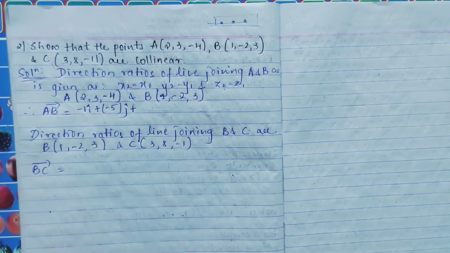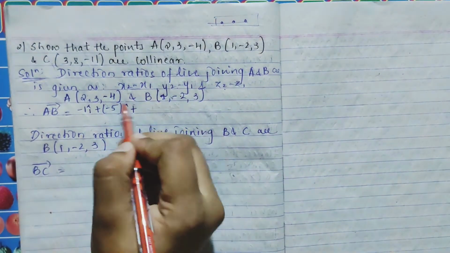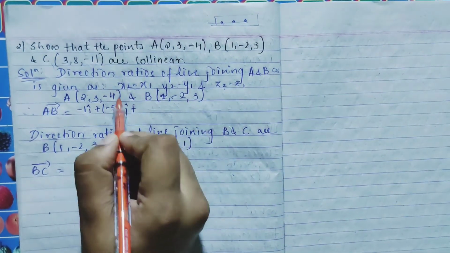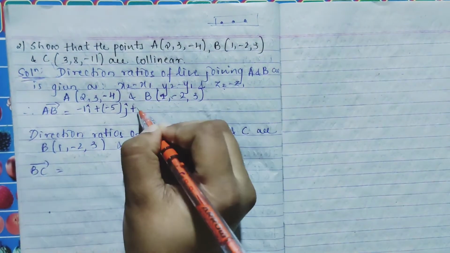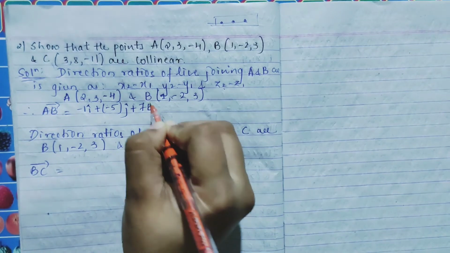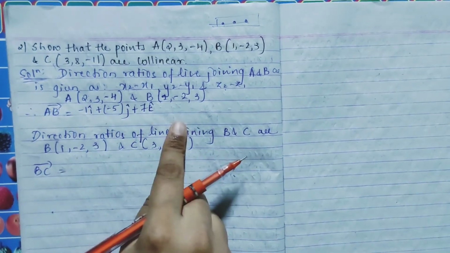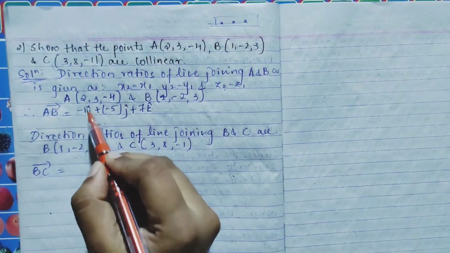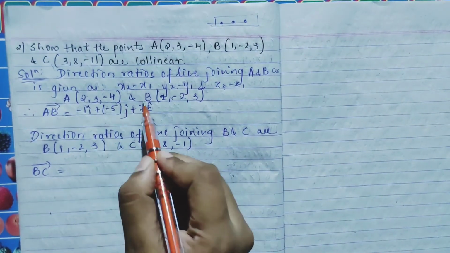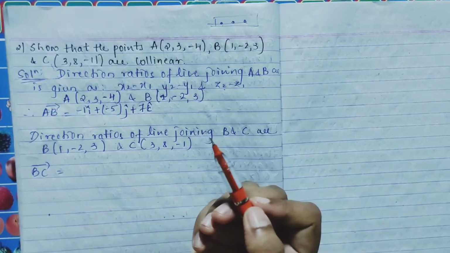Here you have already minus 3 minus, and already you have minus 4. So it becomes 3 plus 4, you will get 7 k cap. So it's a direction ratios how you'd find, minus 1, minus 5 and 7 would be its direction ratios, right?